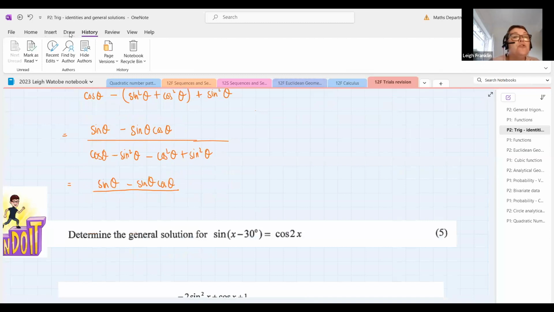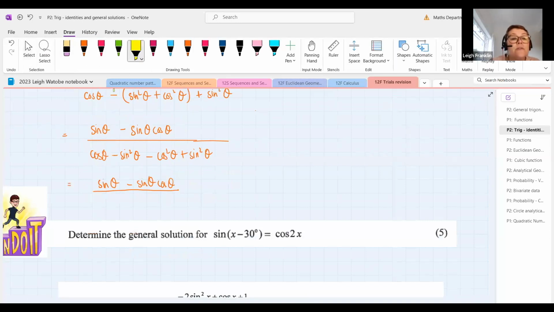So these terms, the ones I'm putting the yellow circle around, are going to end up adding up to 0. So this is going to give us cos theta minus cos squared theta.